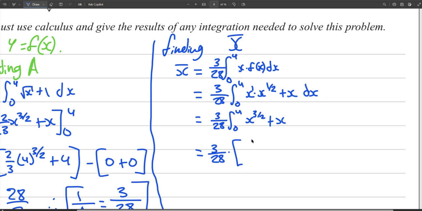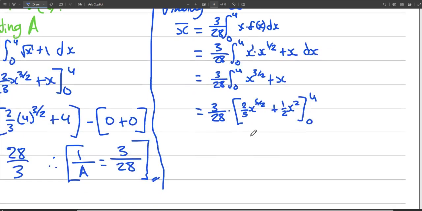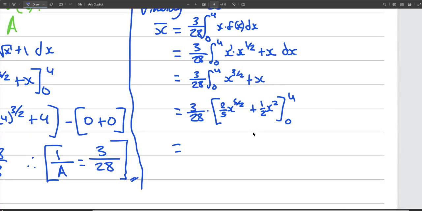That's going to give us 2 on 5 x to the power of 5 on 2 plus half x squared between 0 and 4. And evaluating that will be 2 on 5, 4 to the 5 on 2 plus a half of 16, which will just be 8, so plus 8.